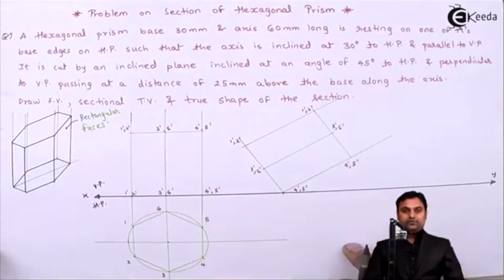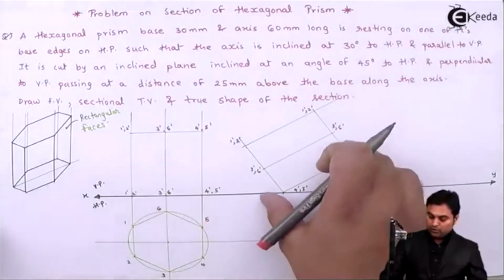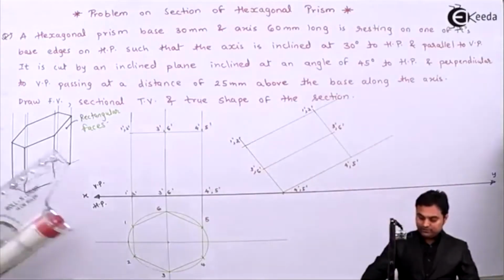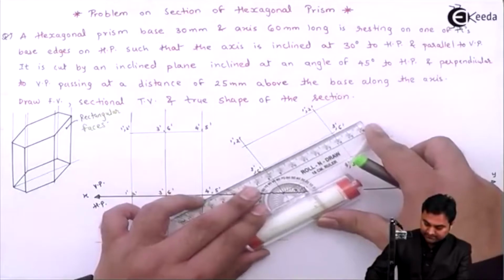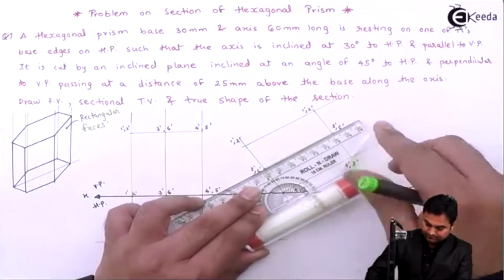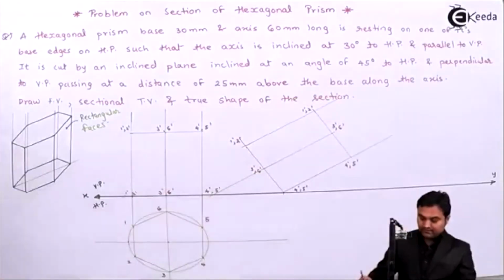Then after reaching up till here, this is the front view of that inclined prism in which the axis is inclined at 30° angle.